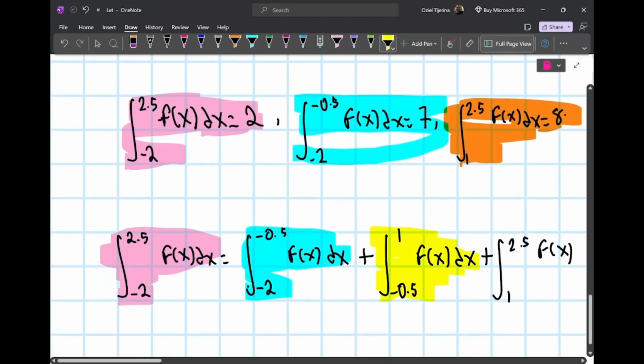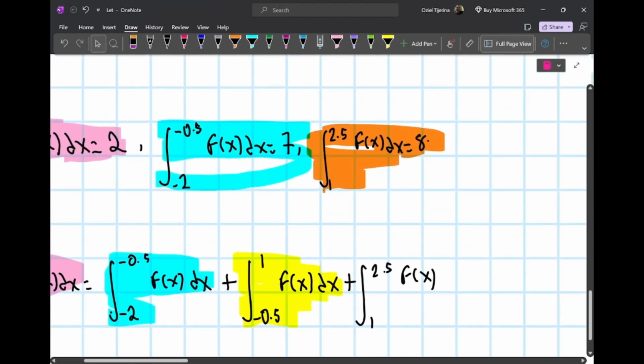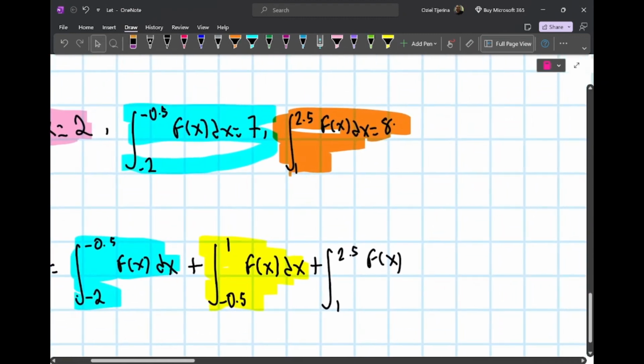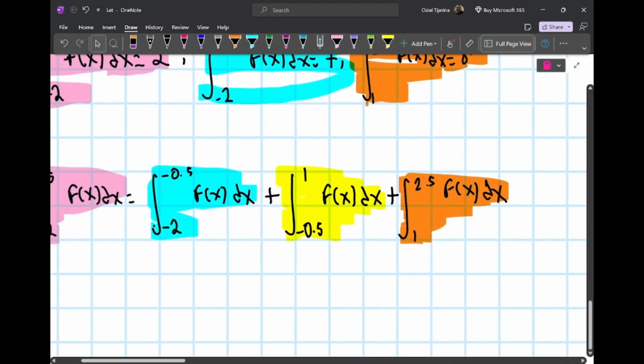The one in yellow is the one we're looking for. And then plus the integral from 1 to 2.5 of f of x dx, which is the orange part. I forgot to put the dx in there. Once you figure this stuff out, guys, it is really not as complicated as we thought.